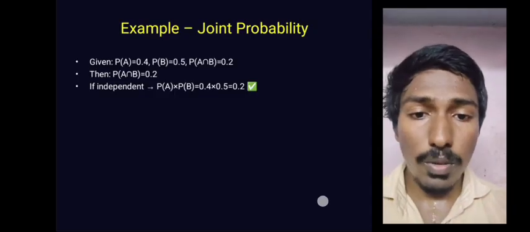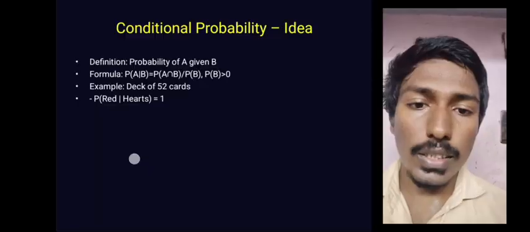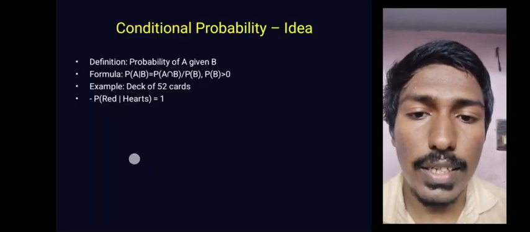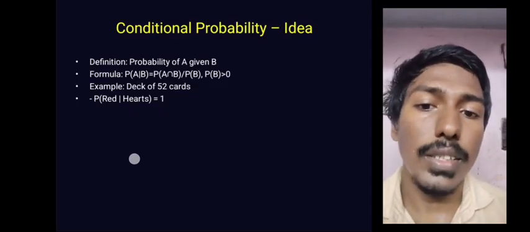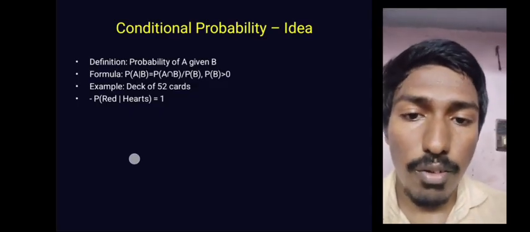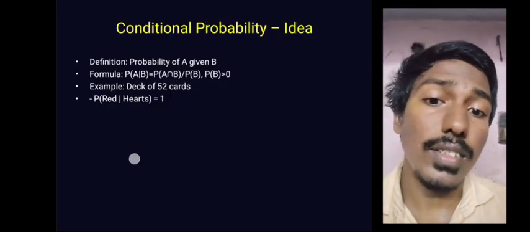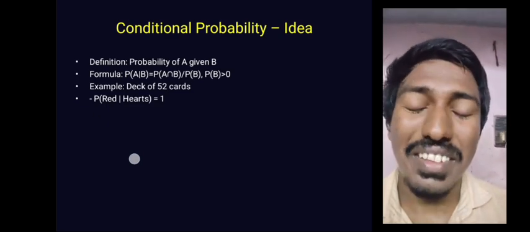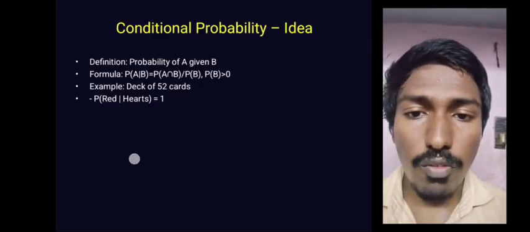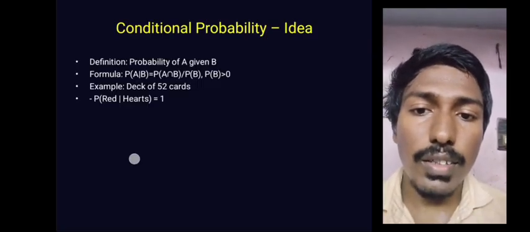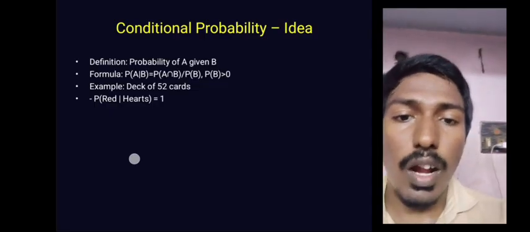If you go to conditional probability, that's the idea. Conditional probability means P of A given B: we already know something, and we want the probability of A given B. For example, the formula is P of A given B equals P of A intersection B divided by P of B, where P of B is not equal to 0.